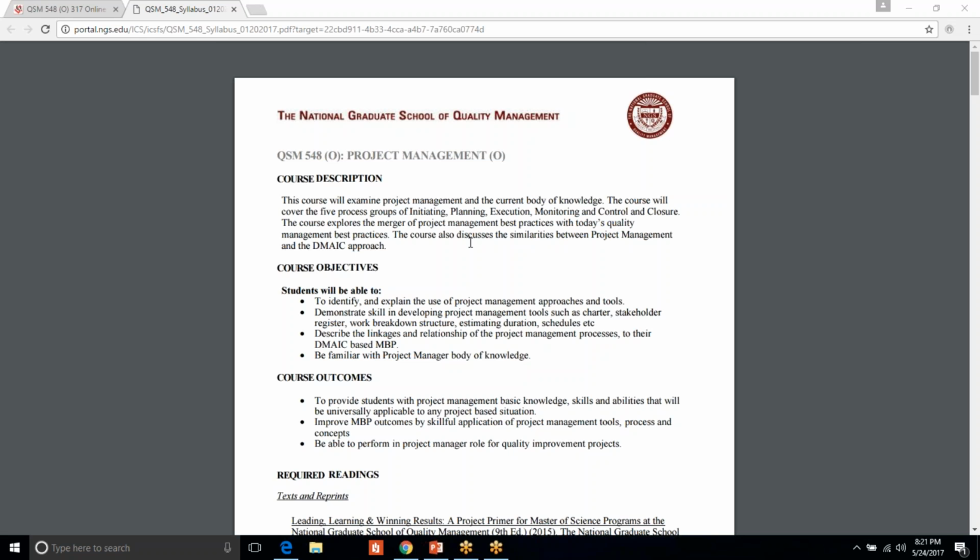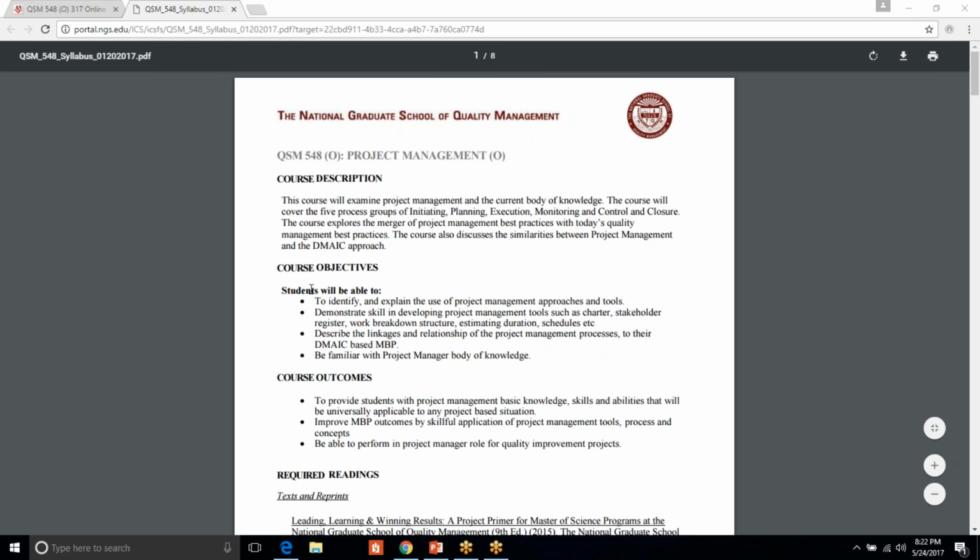And we'll merge this with how it applies to the MPP projects that you're doing, and how it dovetails into the best practices for today's quality management, and how we see the alignment between PM and the define, measure, analyze, improve, and control DMAIC approach.